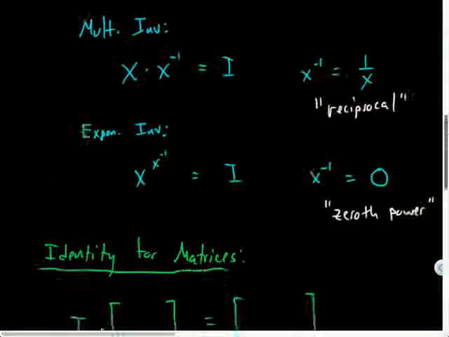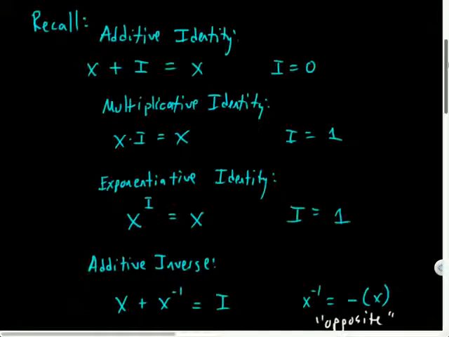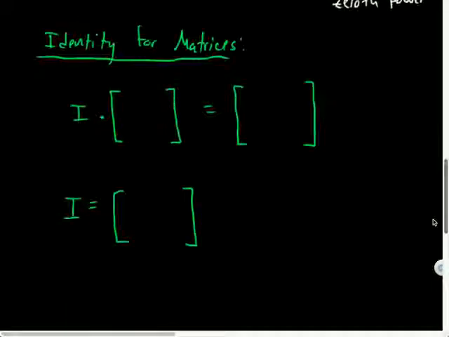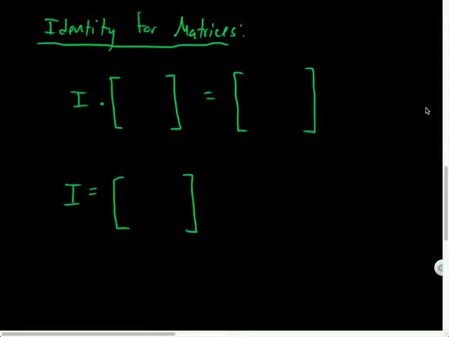What was the multiplicative identity for regular numbers? 1. So it's probably related to that. So you think just all ones? Negative ones. I'm looking for this matrix to be left unchanged.